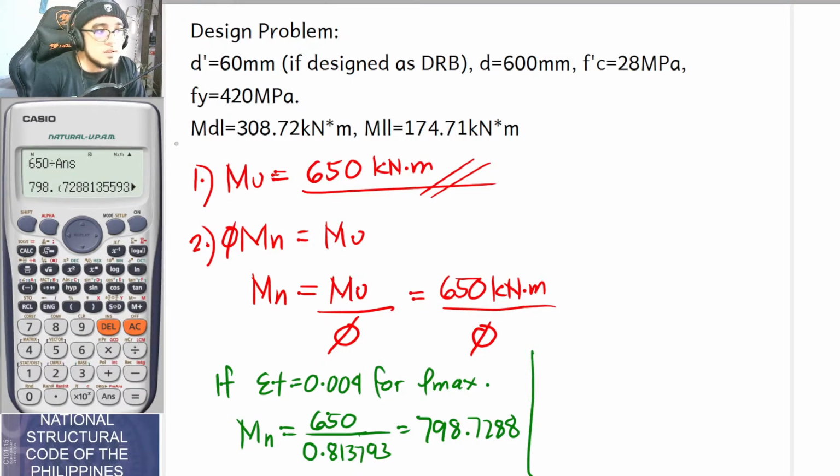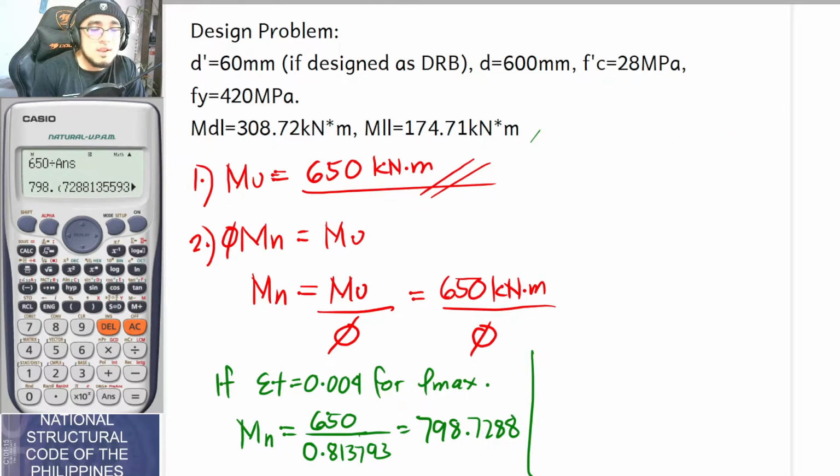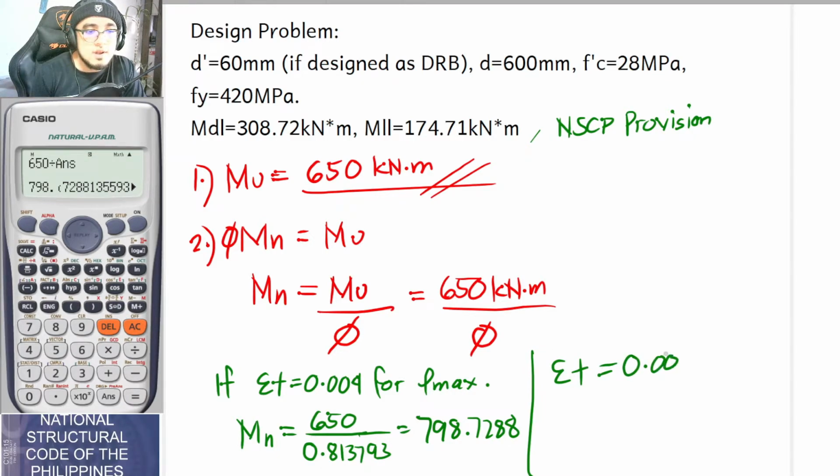If it is not given in the problem, guys, since it did not indicate that you will be using the NSCP provision, it is better for you to use strain T equal to 0.005 for raw max. With this value for your strain T, your MN is equal to 650 divided by phi.